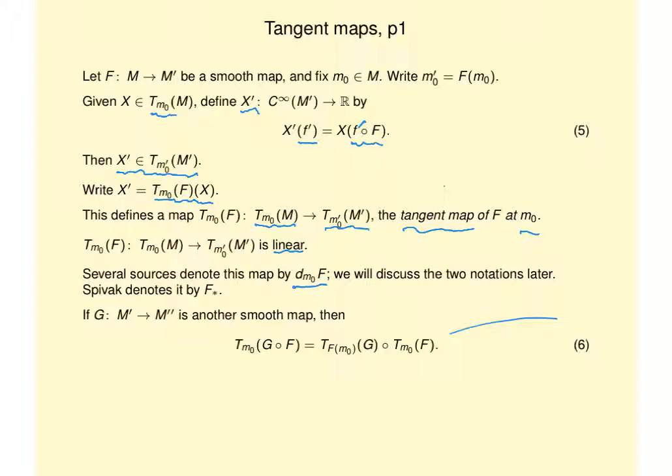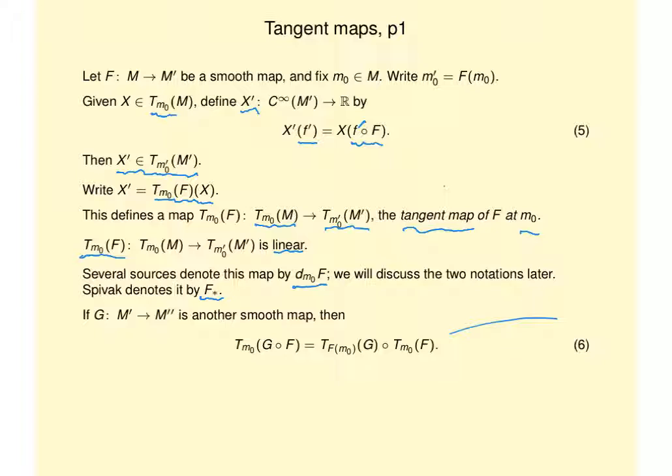Spivak puts a star on. This is pretty good, but the star is used for so many different things, and the tangent map is really a very fundamental thing that it's perhaps a pity to use the star for this. So as I say, we'll use capital T sub M0.